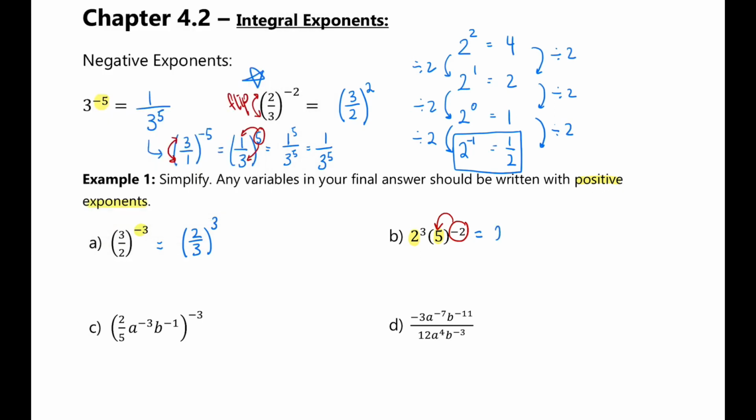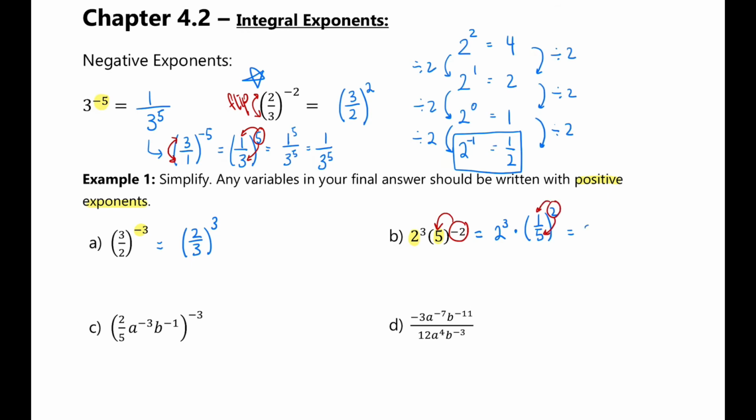So we have 2 to the power of 3 times 1 over 5 to the power of 2. If you want to simplify this a little further, then we could actually distribute that 2 into the base.